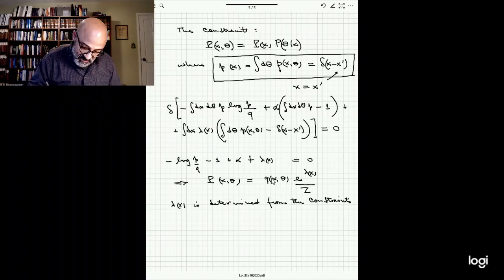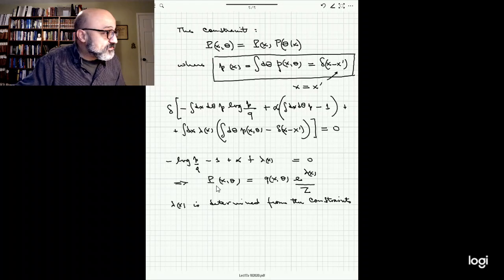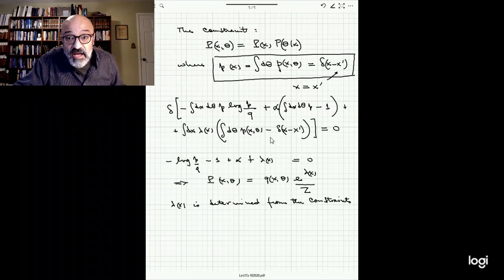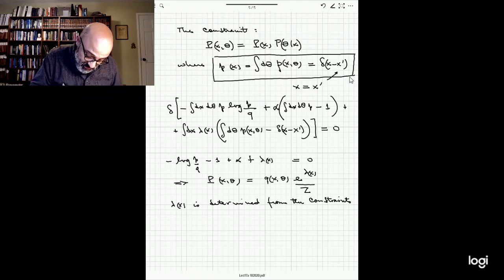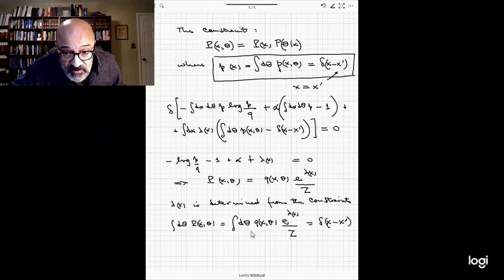What we're going to do is take this probability distribution here, integrate over theta, marginalize theta, e to the lambda x over Z, and equate that to delta of x minus x prime.